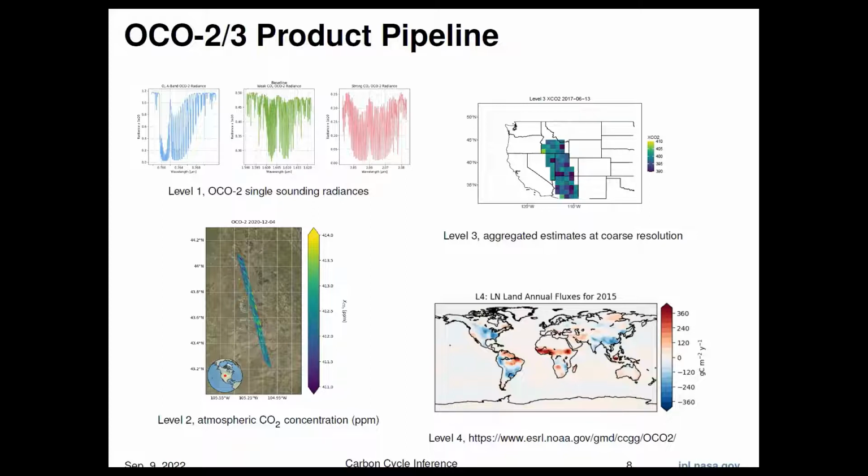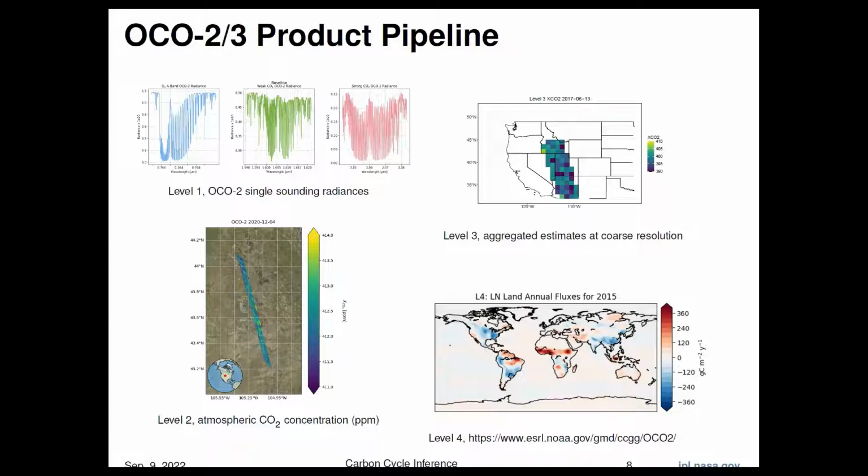I think for these global estimates, the carbon cycle community is trying to get them at a resolution of maybe a few hundred kilometers. So it's difficult to resolve individual sources in that paradigm, but certainly subcontinental scale fluxes can be resolved from this.